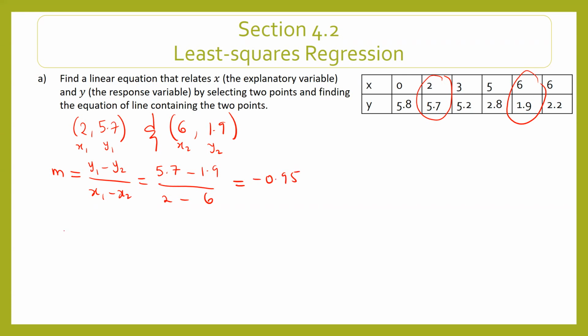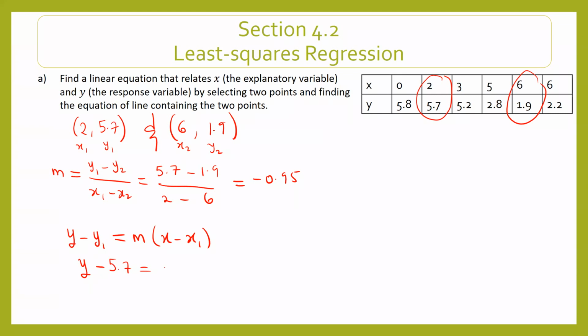Once you find the slope, you can find the equation of the line using any of the points. So that would be y minus y1, if you desire to use the first point, equals the slope times x minus x1. Plug in y1, x1, and the slope. What is y1 here? y1 is 5.7, so I have y minus 5.7.